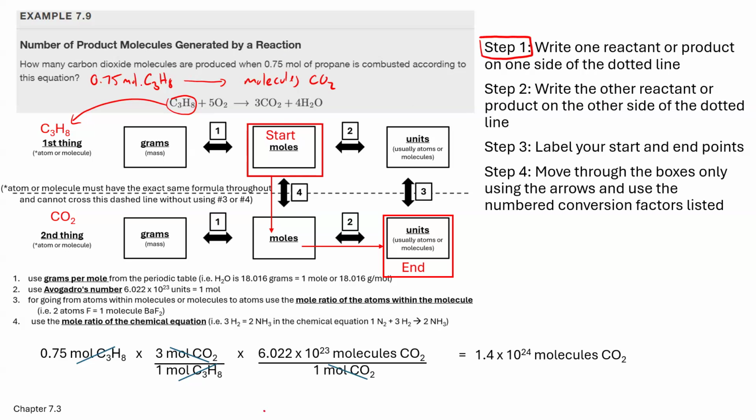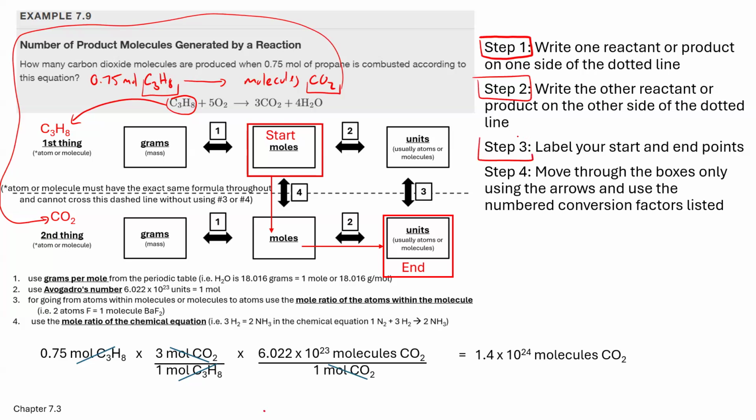Well, since we're starting with C3H8 and we want to find CO2, since those are different formulas, we're going to move that. CO2, right? Again, the atom or molecule must have the exact same formula throughout and cannot cross this dashed line without number 3 or number 4. So CO2 is going to remain on the bottom. C3H8 is going to remain at the top. All right, and finish step 2.